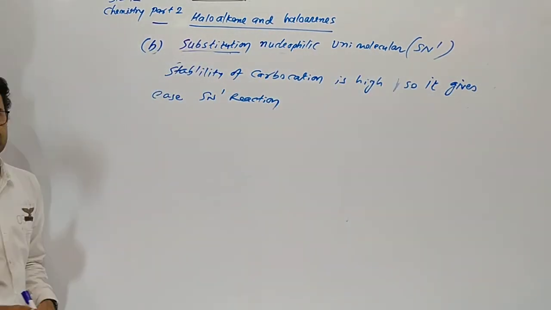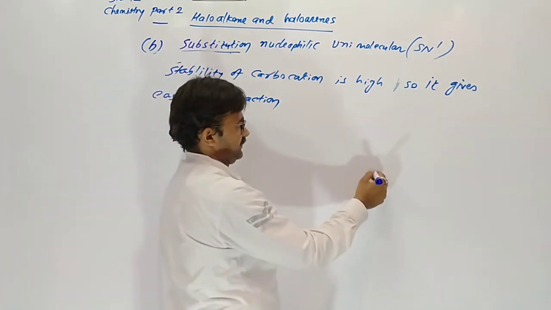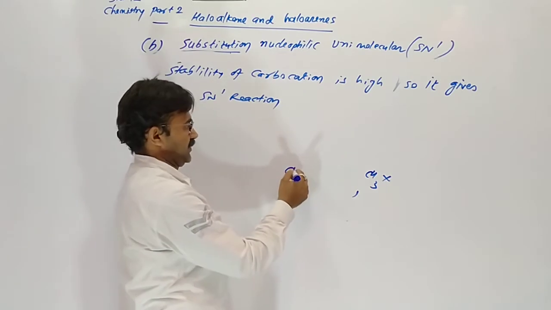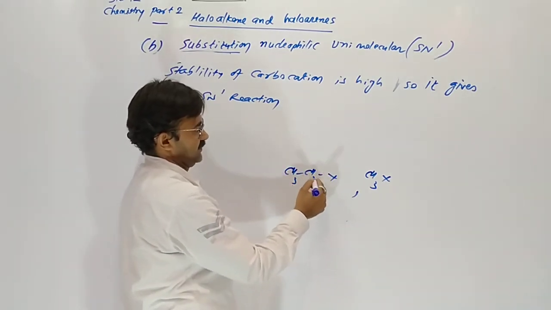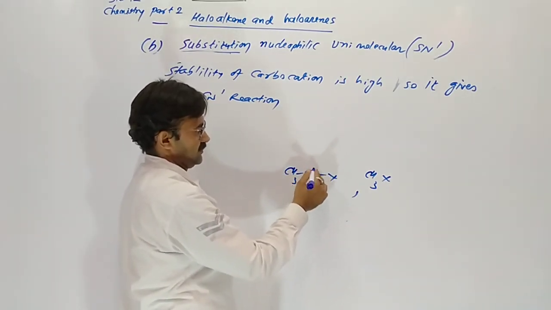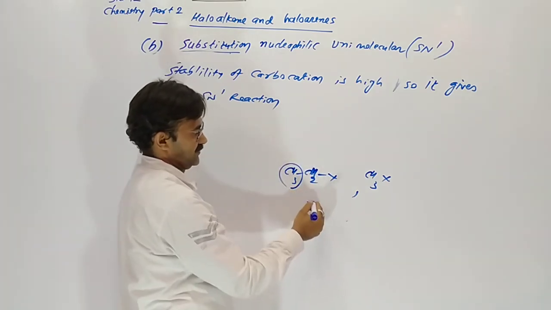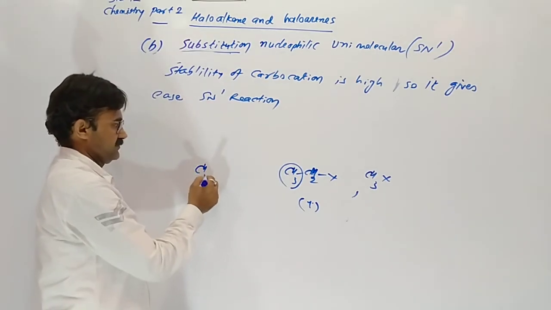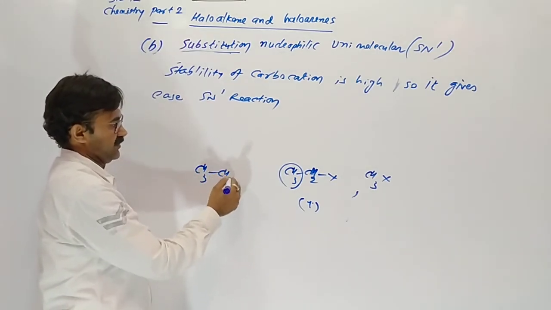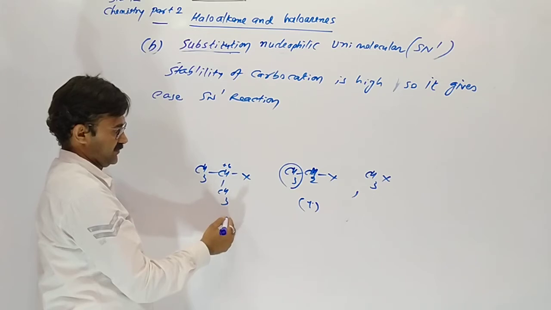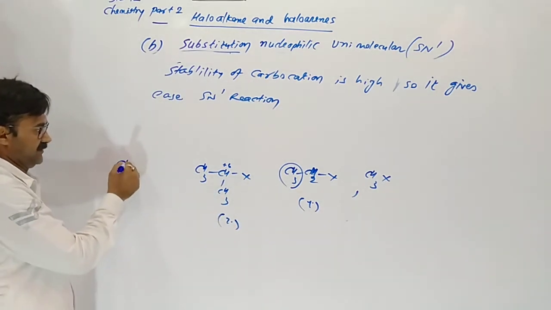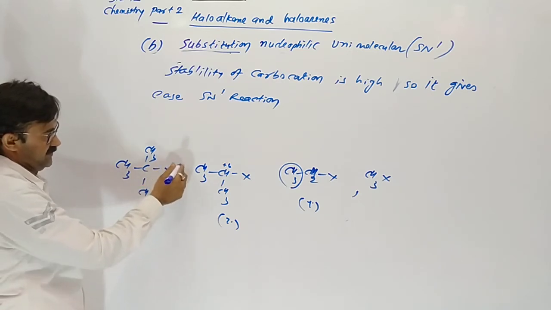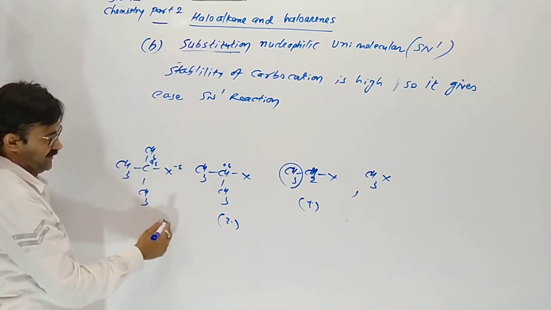Now to remember, I am giving you a trick. Methyl halide. Then after, primary alkyl halide, where the halogen containing carbon is attached with one other carbon. This one is only methyl halide. For secondary, the halogen containing carbon is attached with another 2 carbons. For tertiary, the halogen containing carbon is attached with another 3 carbons.